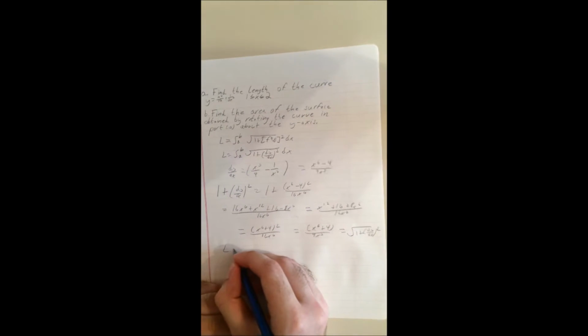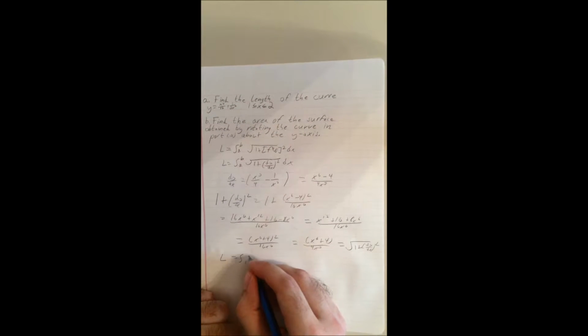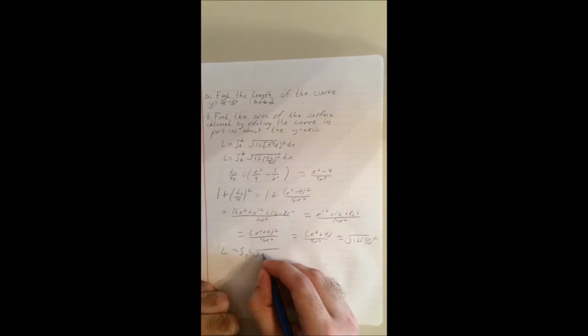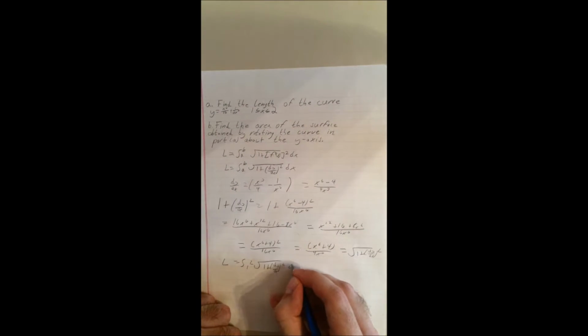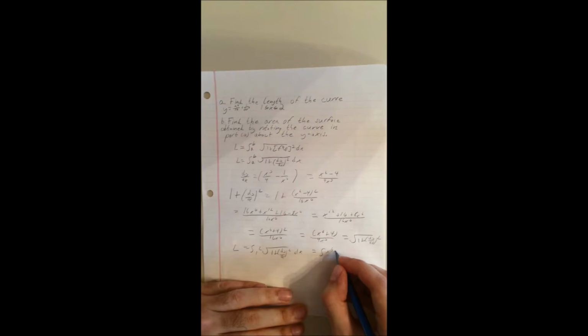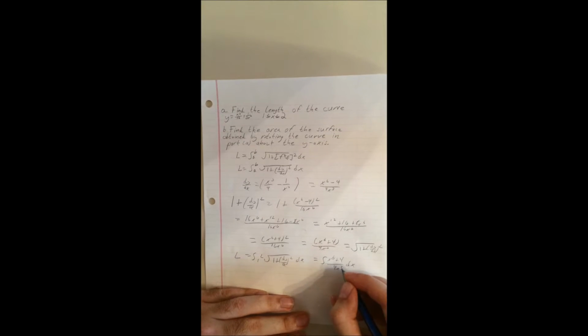So we get arc length L equals the integral from our bounds 1 to 2 of the radical 1 plus dy over dx squared, dx. So that is just the integral of x to the sixth plus 4 over 4x cubed dx. Remember, we got this because it's the square root of 1 plus the derivative squared of our function.